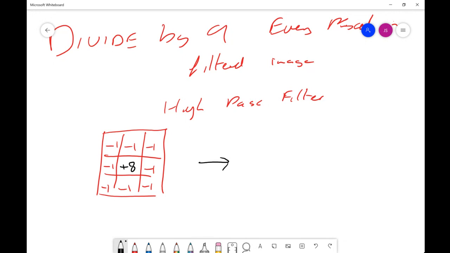And the range resulting from this is, in theory, -8W to +8W. But those limits are very rare because -8W, for example, would be a white area with a black pixel in the middle, and +8W would be a black area with a white pixel in the middle.